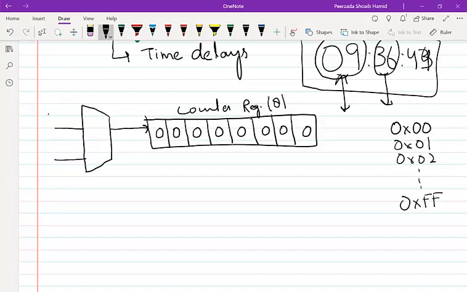One input is the oscillator frequency, and the second input may be some external source. If we want this counter register to increment at a rate determined by the oscillator, we will select this input of the multiplexer and transfer it to the output, the counter timer.